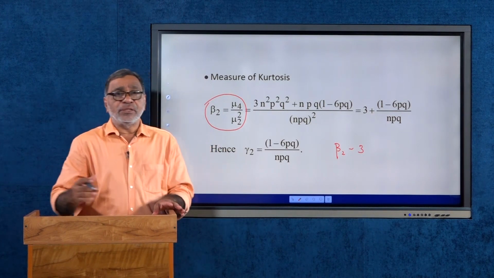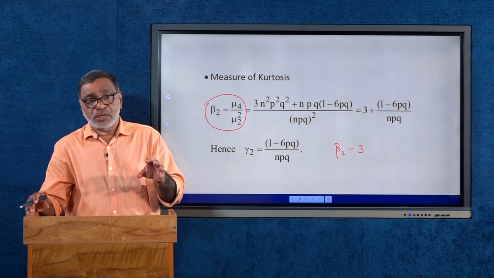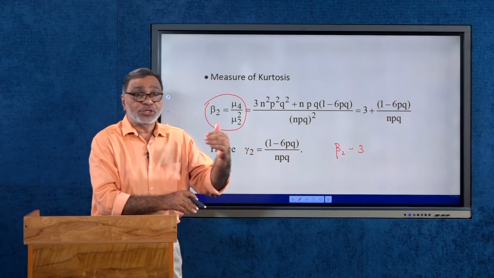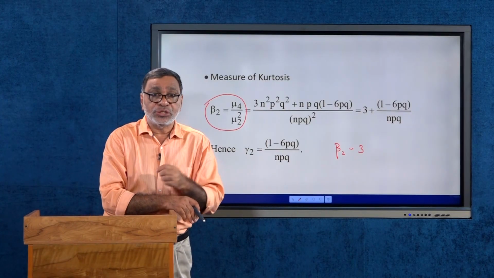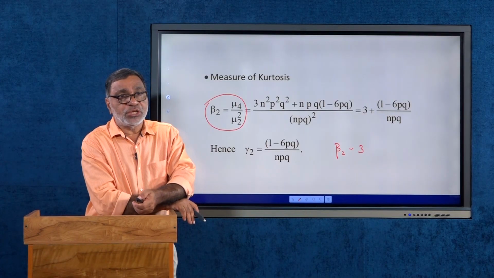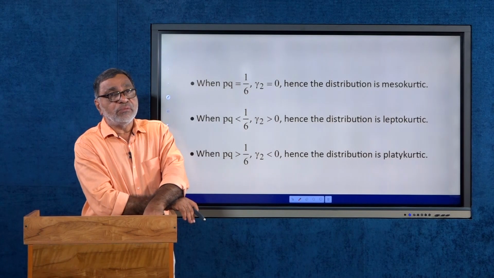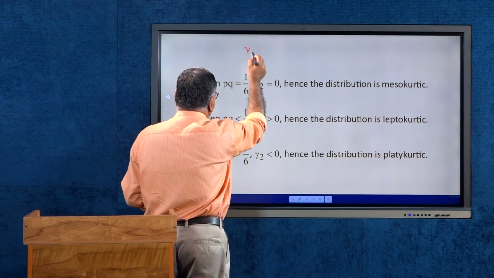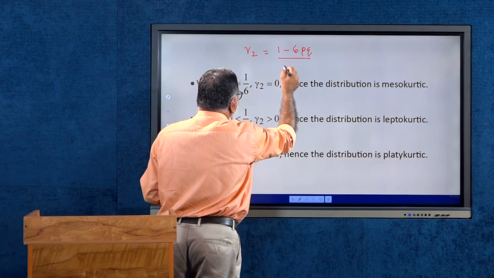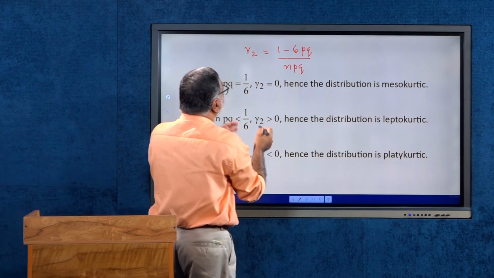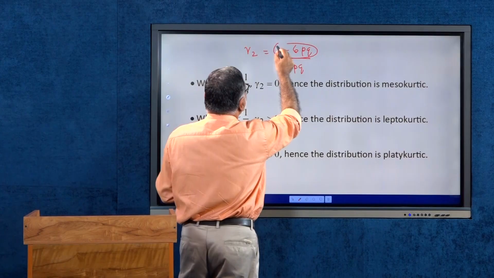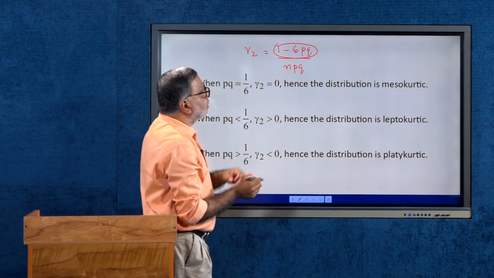And we can classify the binomial distribution according to the values of p and q, whether gamma 2 is positive, negative or 0. The sign of gamma 2 depends upon 1 minus 6 p q, because the denominator is always positive.